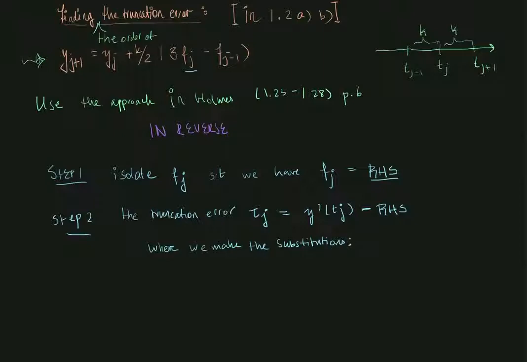Where we substitute yj in this right-hand side expression by y of tj, so by the exact value instead, and where we substitute yj plus 1 by, well, you've guessed it, since I spent so much time on explaining that tj plus 1 is just tj plus k, this is y of tj plus k, and where we also substitute fj minus 1 by the exact expression y prime of tj minus k.